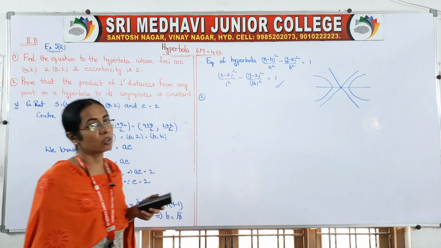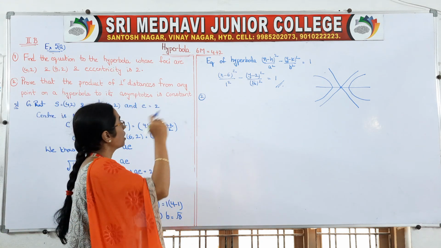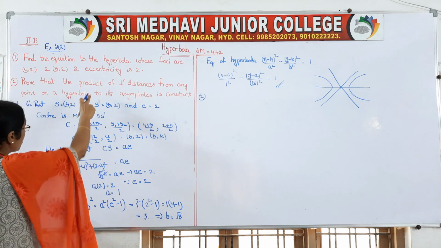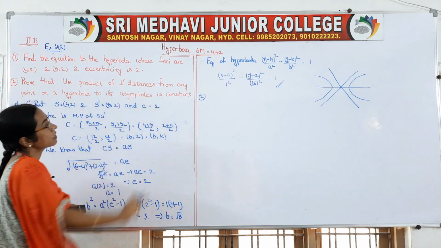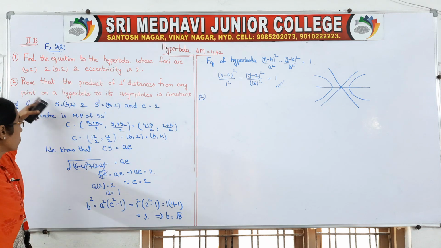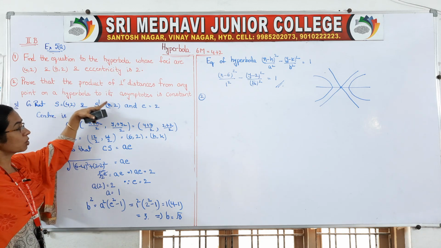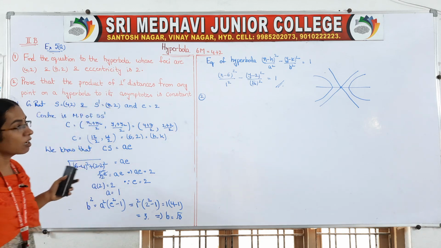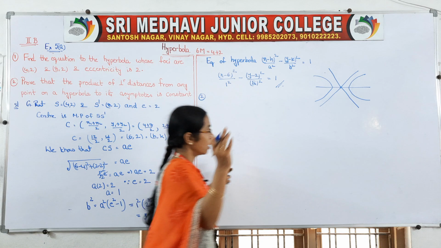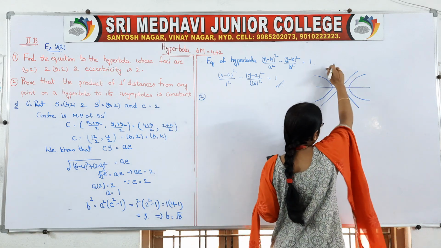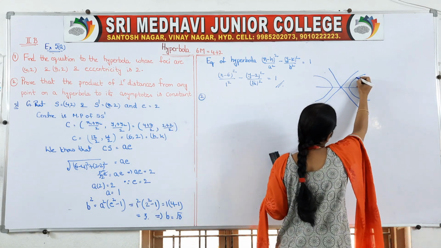Okay, so now we have to prove that the product of the perpendicular distances from any point on the hyperbola to its asymptotes is constant. That means this is one asymptote and this is another asymptote.